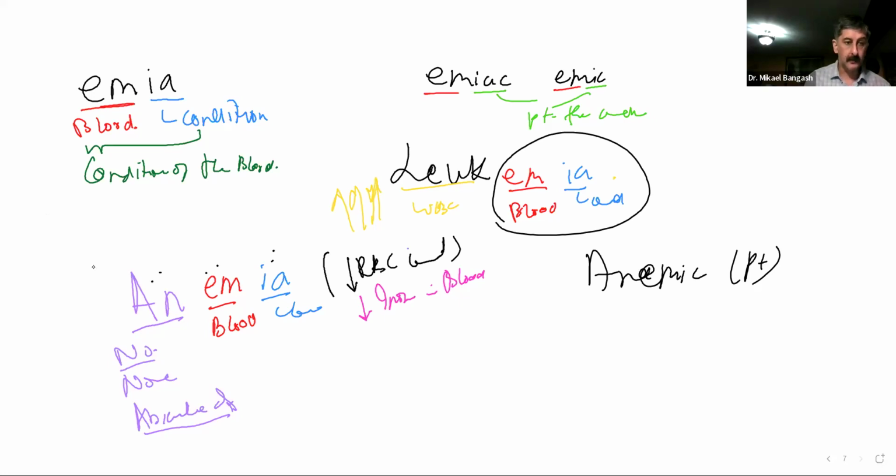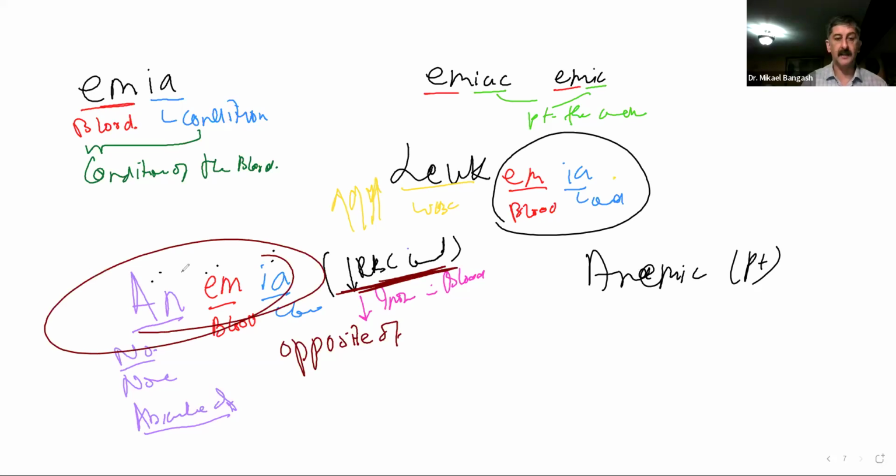Now, guys, usually when we talk about things, we can ask, what's going to be the opposite of anemia? We'll say if the person had a low red blood cell count, he or she will be characterized as anemic.